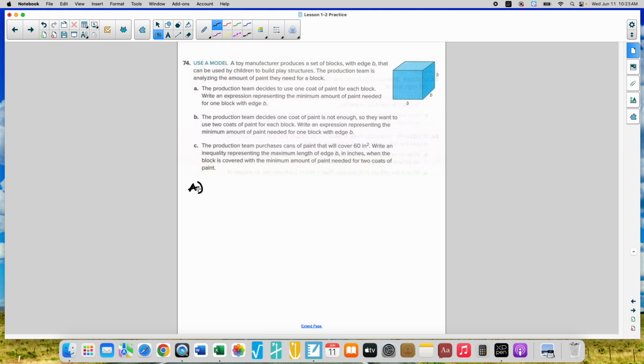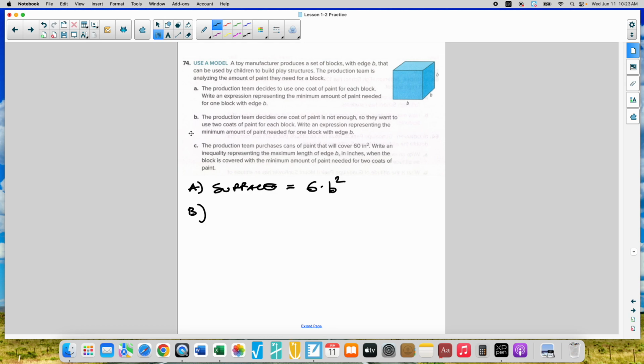Well, if it's a cube, the surface area, I don't know if you remember surface area, is going to be, we have 6 faces, so it's going to be 6 times b squared, because it's going to be b times b would give you the surface area of this face, and there are 6 identical faces. So that's why we can multiply it by 6.